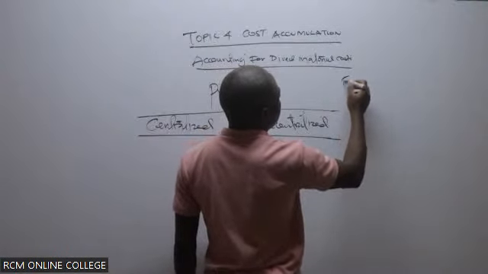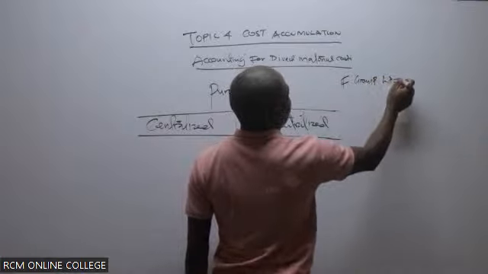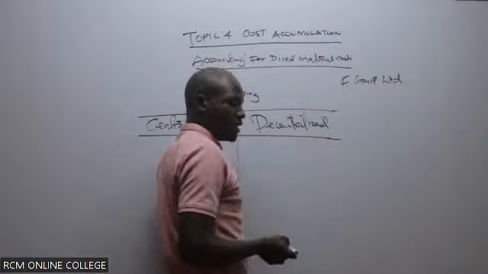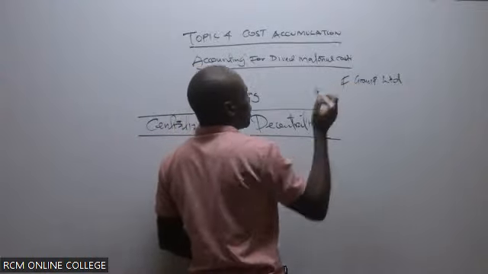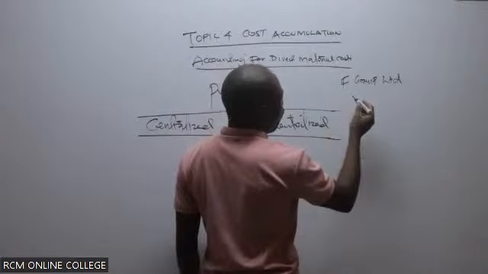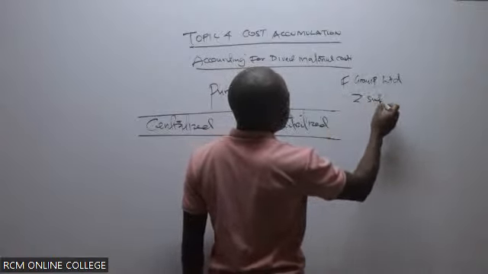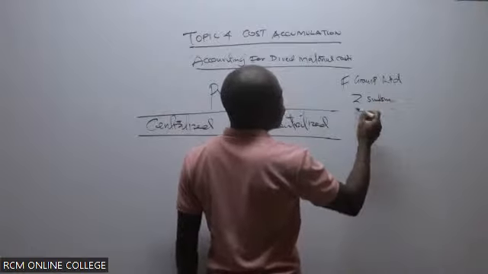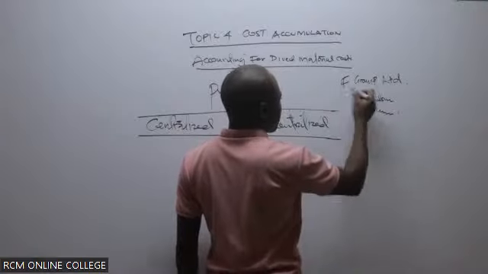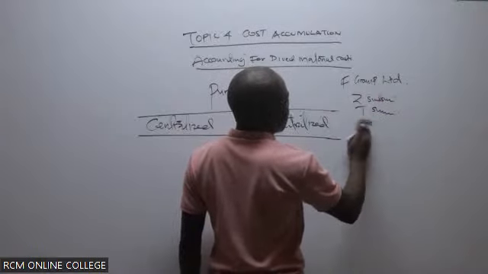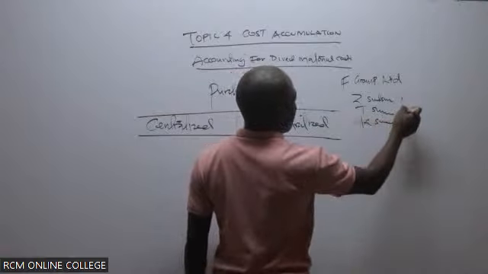We have F Group Limited. This F Group has got subsidiaries. Let's say they're in the same industry and they have 100% ownership. So we have F, which owns Z subsidiary, which owns T subsidiary, and F still owns K as a subsidiary. 1, 2, 3.